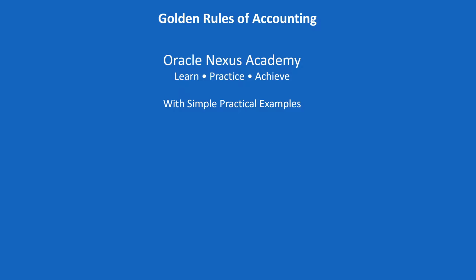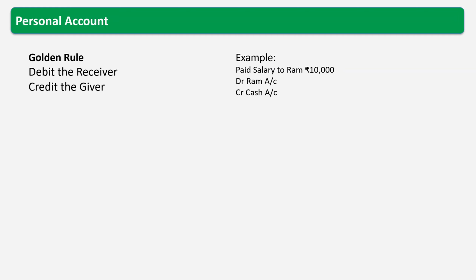Coming to the golden rules of accounting, there are three types of rules. I'm repeating again: nominal account, personal account, and real account. First, I'll start with the personal account. What does the rule say?